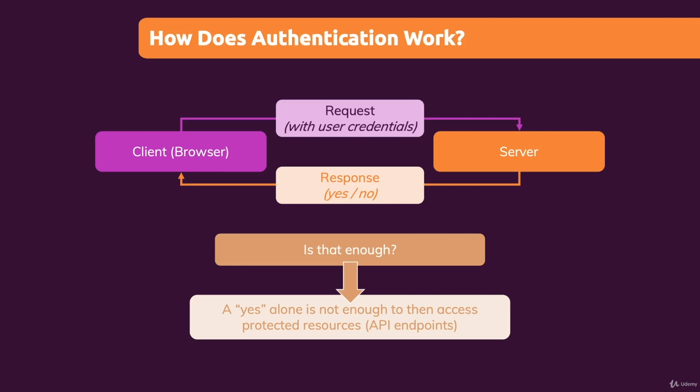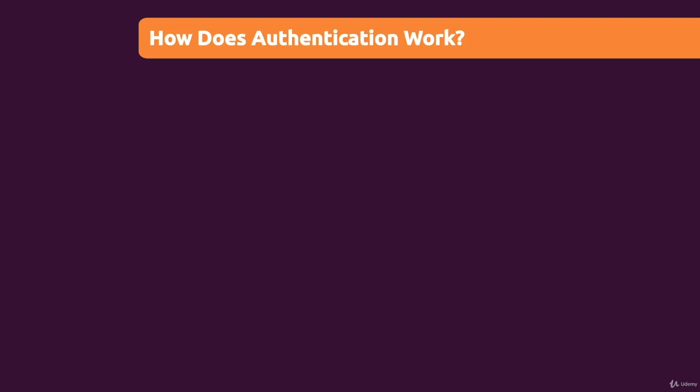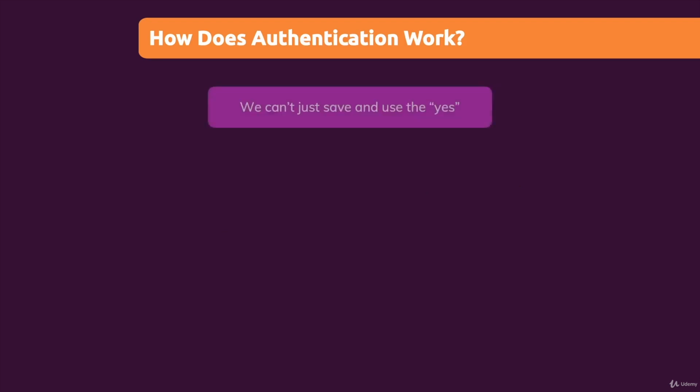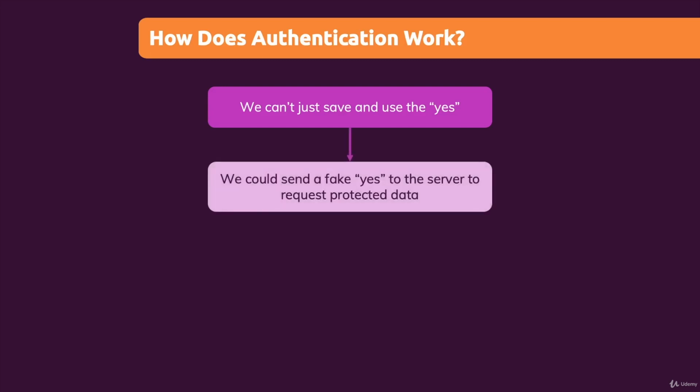And therefore, authentication involves this exchange of credentials for permission, but the permission is more than just a yes or no. To be precise, we can't just save and use a simple yes, because a fake yes could be sent. We can't just tell a server that we are authenticated and then request protected data or perform protected operations.